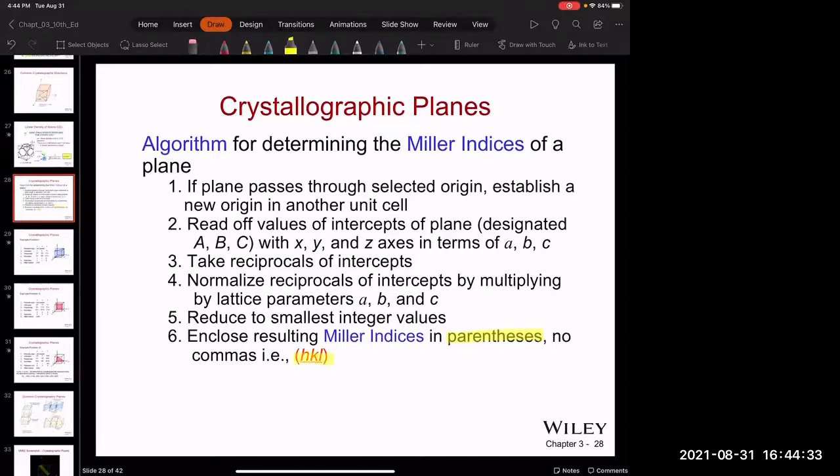So square bracket is the direction, angle bracket is the family of directions, and parenthesis is a plane. Can you have a family of planes? Yes, a family of planes, and we use the curved parenthesis. So this is a family of planes.